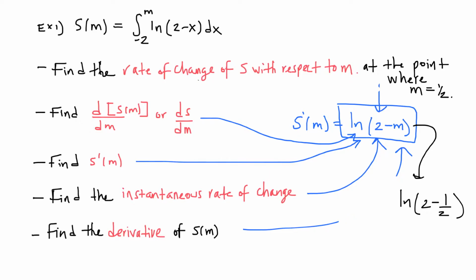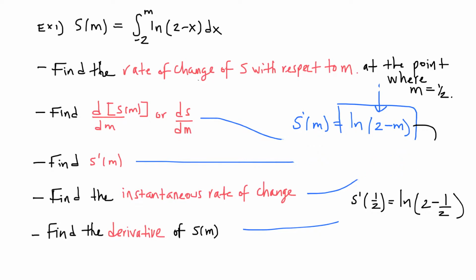So we could say that s prime at 1/2 is equal to this. So first s prime and then plug in the 1/2. To find s prime, use the theorem, and to find the value at the point they gave you, just plug in the value. Alright.